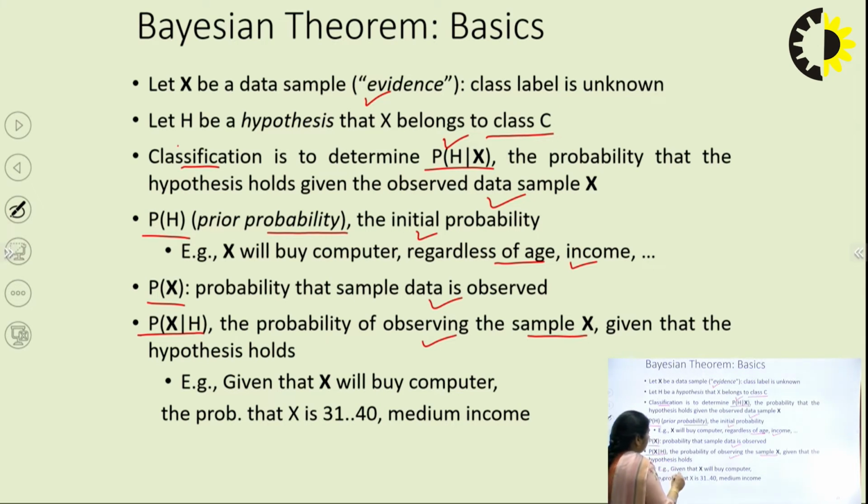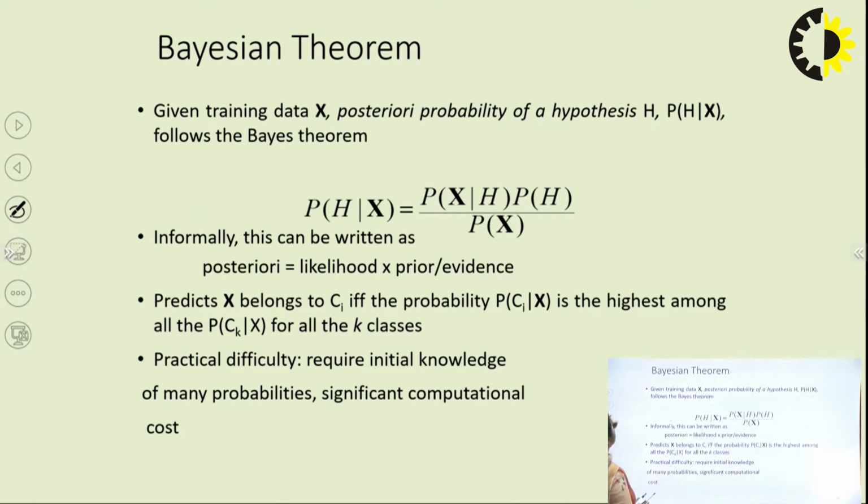For example, X will buy a computer, given that X is in the age of 30 to 40 and has medium income. So something is already given, and that is the hypothesis. So P(X|H) is the probability of observing the sample X given that the hypothesis holds.